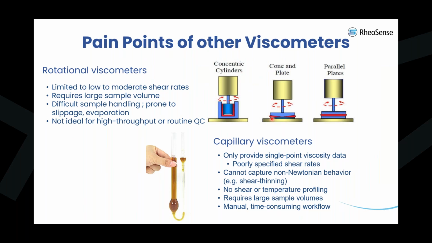I showed in this webinar that mAbs are shear thinning, right? But at low shear rate, the viscosity is constant. There is no shear thinning at low shear rate. But as you increase shear rate, you will see the shear thinning behavior.